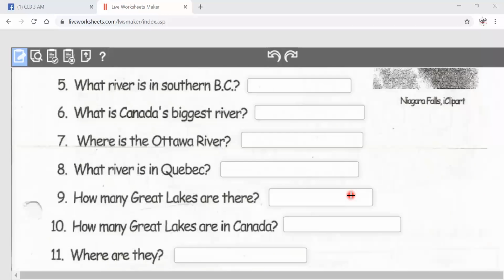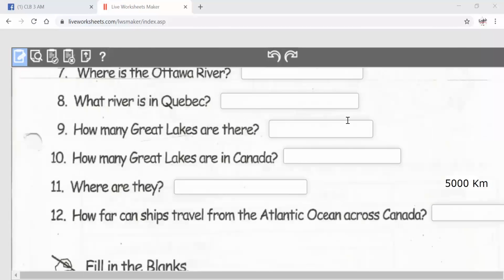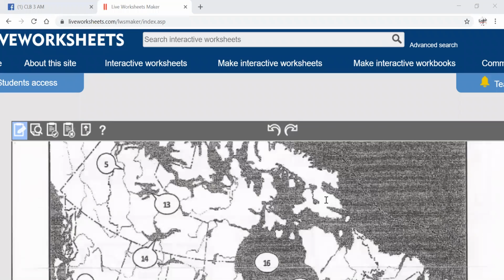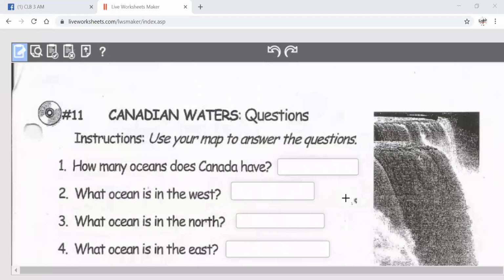And the answer is 5,000 kilometers, right? Actually more than that, but east to west of Canada is 5,000 kilometers, okay, east to west. And east to west is from the Atlantic over here to the Pacific. So more than 5,000 kilometers. So we can write 5,000 there.